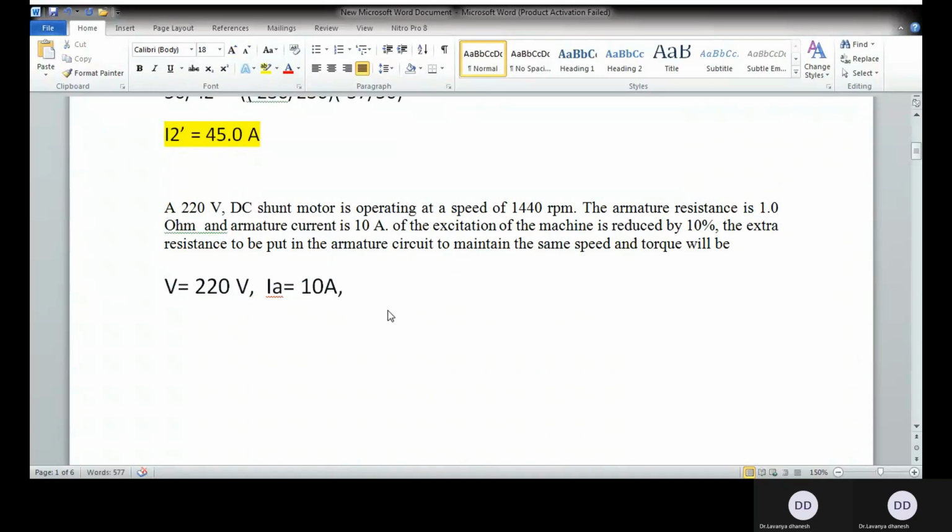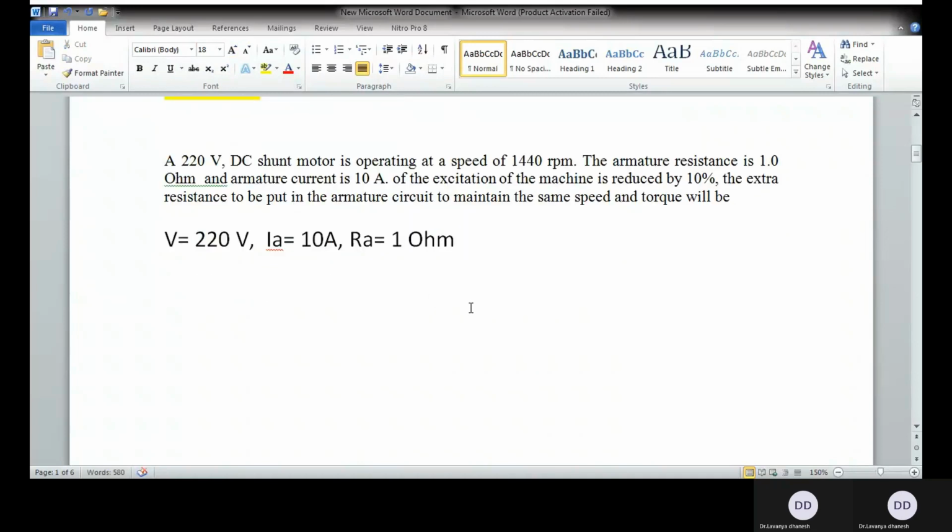So RA is the armature resistance, 1 ohm. Next, the speed is given; we take speed N equal to 1440 rpm.